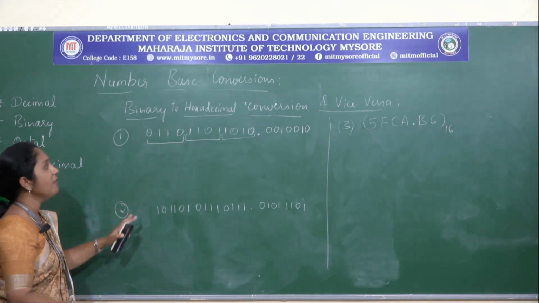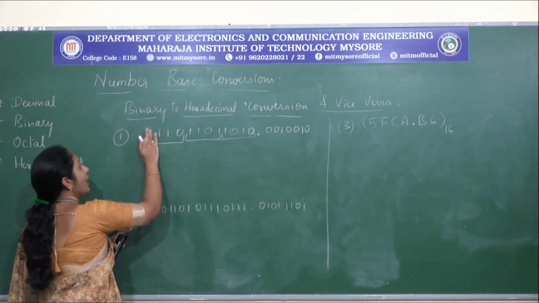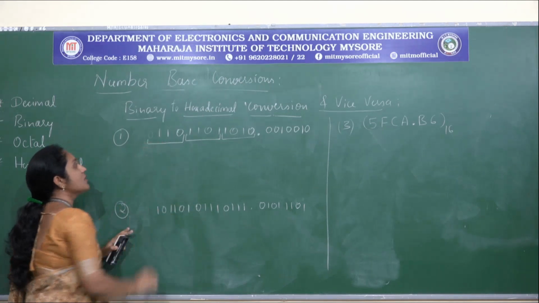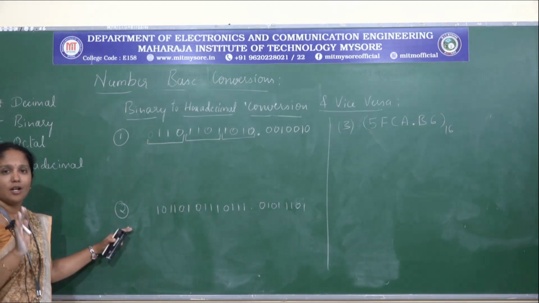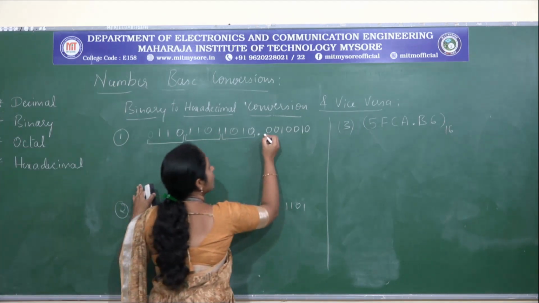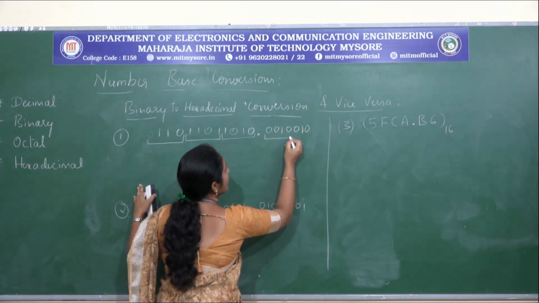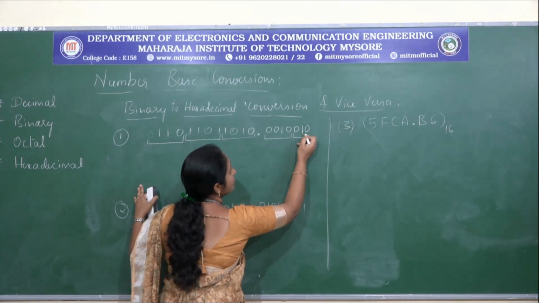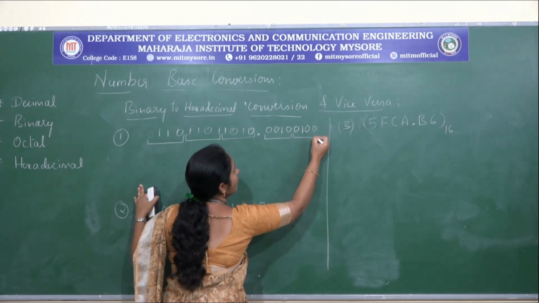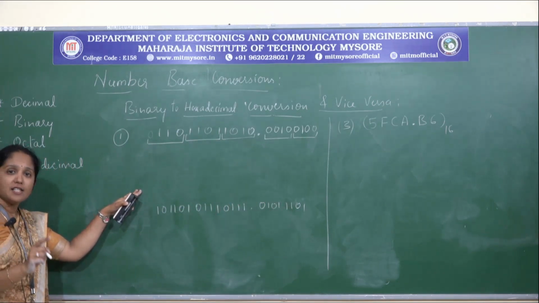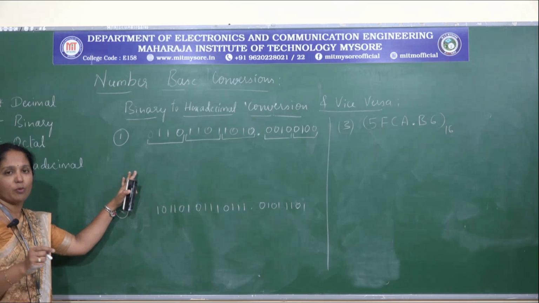Otherwise, if you have only 1 1 0, you are supposed to add one more 0 in order to get 4 binary digits. Let us complete the grouping on the right side of the binary point also. Here we have 0 1 0, we need to add one more 0. Now let us write the hexadecimal equivalent for these 4 bits.